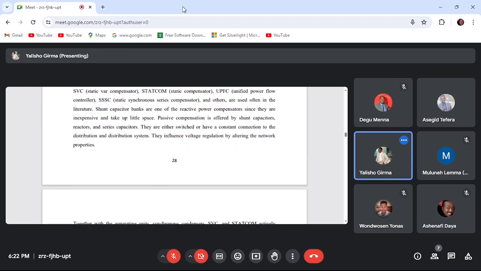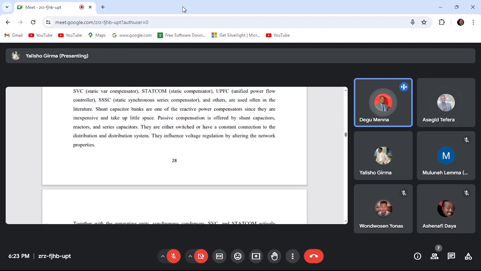Yeah. Okay. Thank you, Mr. President. I have some issue regarding your paper. From your title, voltage profile improvement and reactive power compensation for power loss minimization, all these things are done by using the FC thyristor controlled reactor. Do you think that this FC, that means fixed capacitor bank in other words, can address the issue of voltage profile as well as reactive power compensation as well as power loss?